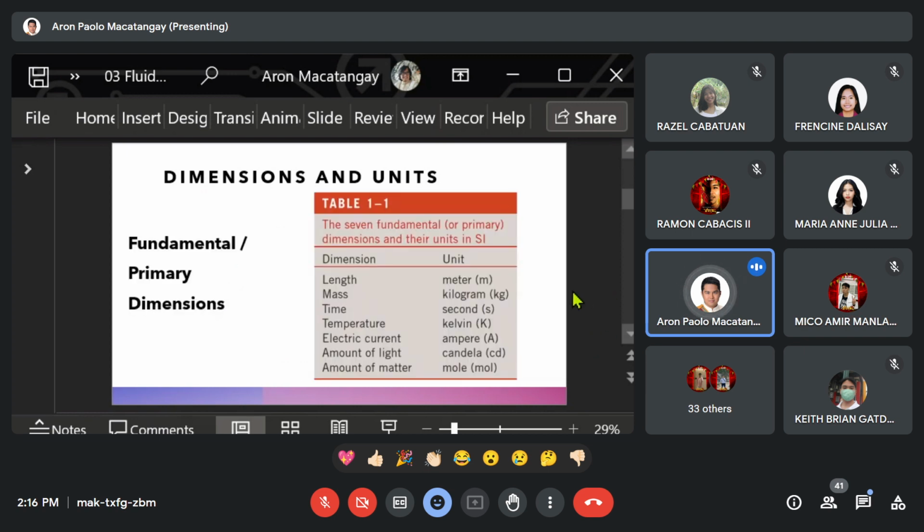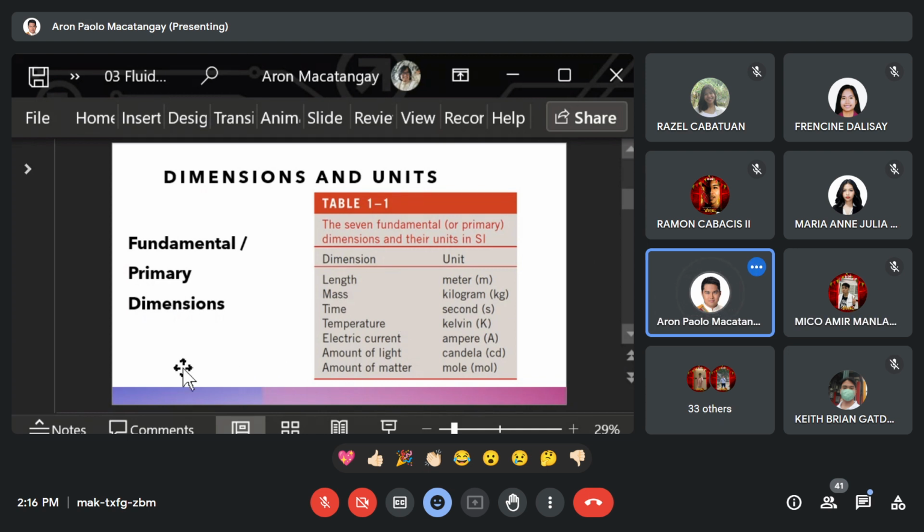In terms of dimensions, we have two types, the primary and the secondary. The primary or fundamental dimensions are your root or core dimensions used to describe the very basic or simple properties of matter or physical objects.